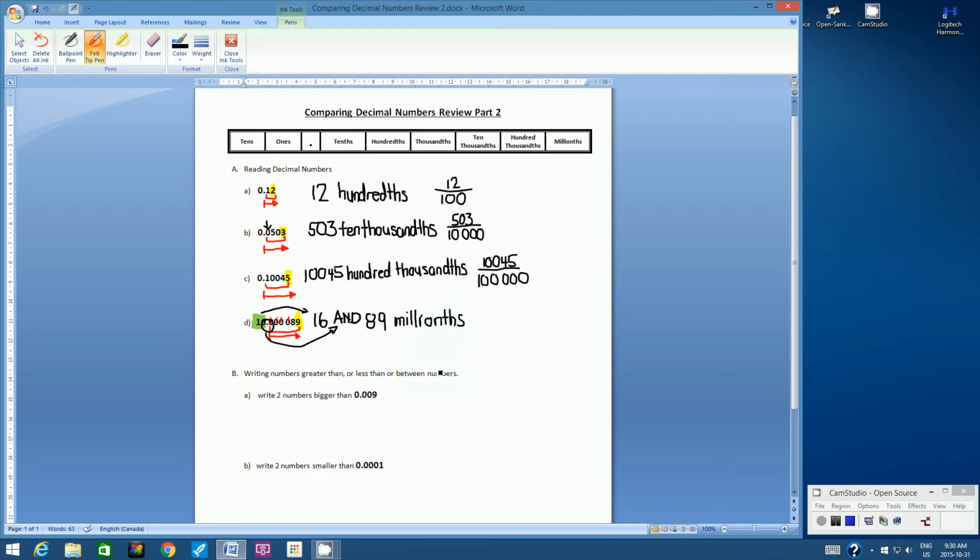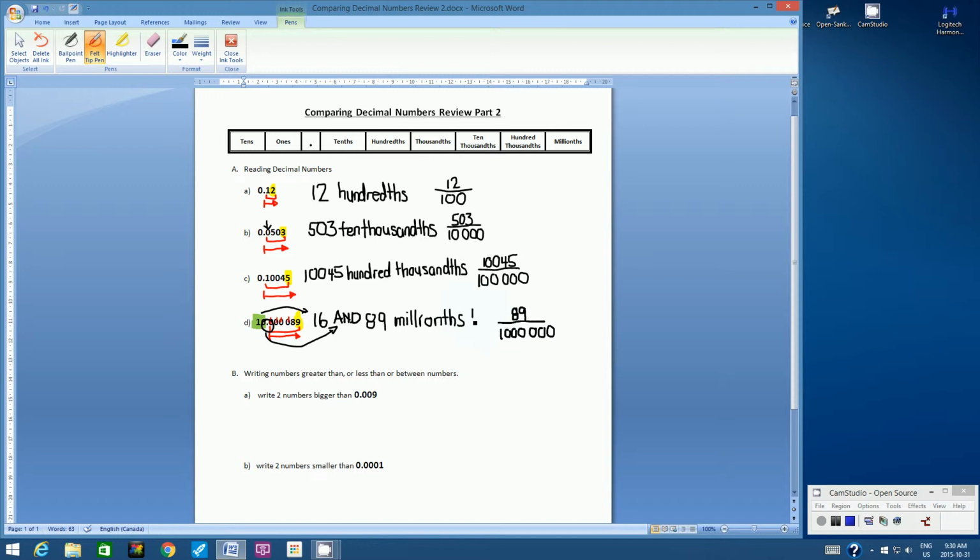Okay? All right, so if we were to write it as a fraction, we're getting pretty good at this by now, I would hope. The numerator is 89. The denominator is million. And then how do we handle that 16 whole number?